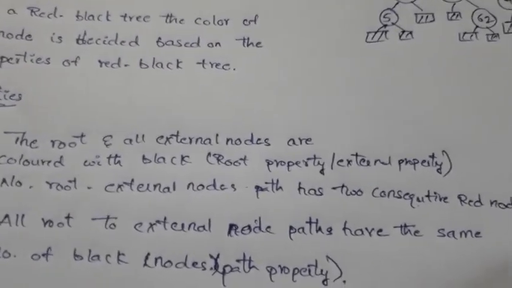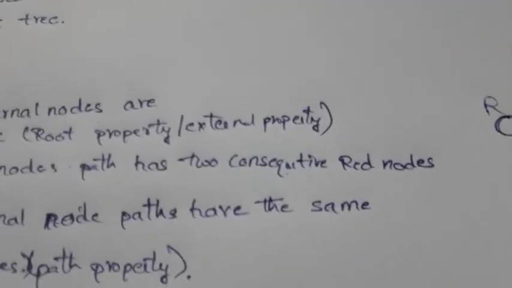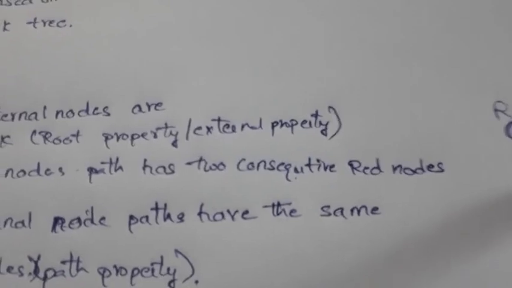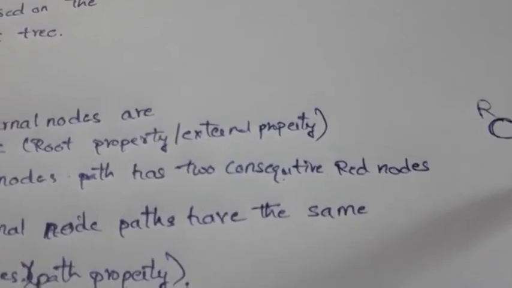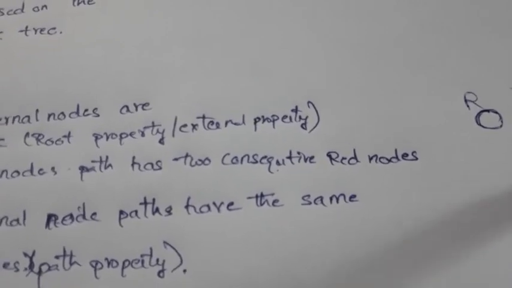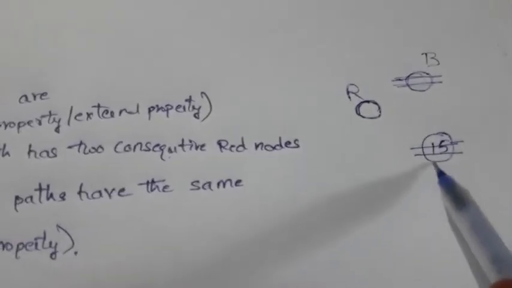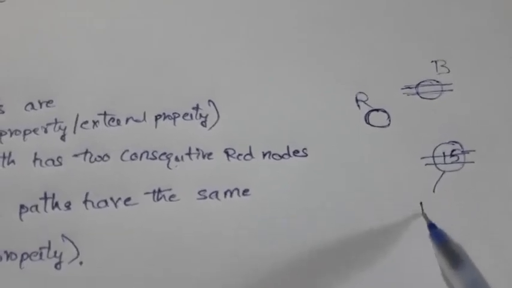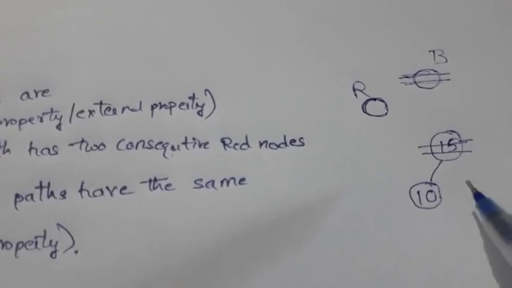So what does my RB2 property say? No root to external path has 2 consecutive red nodes. It means I should not have any 2 consecutive red nodes. For example, let me take an element 15. This is my root node and it should be black according to the RB1 property. I have another element, 10, and I should also follow the properties of a BST.